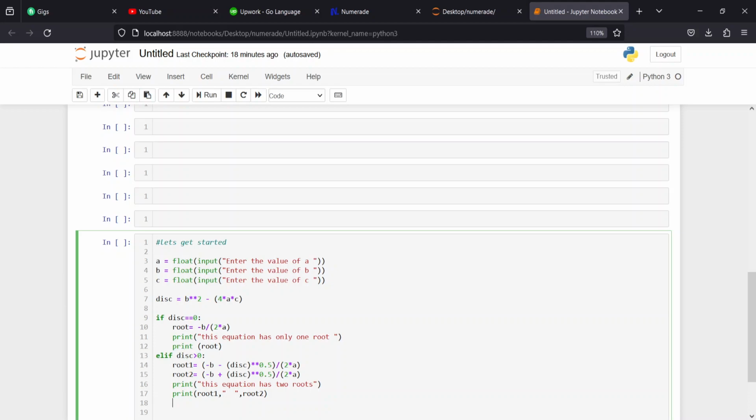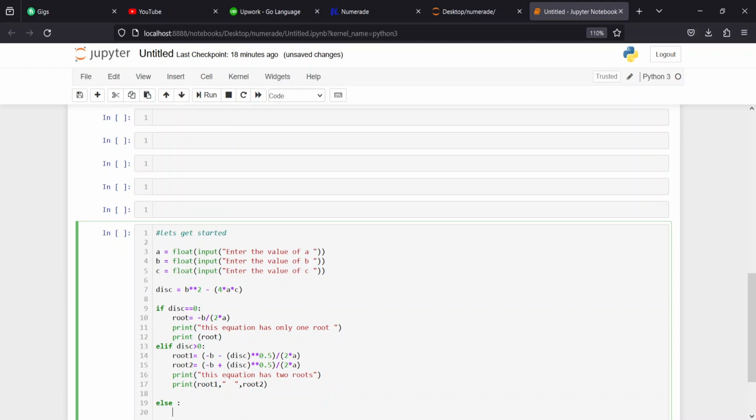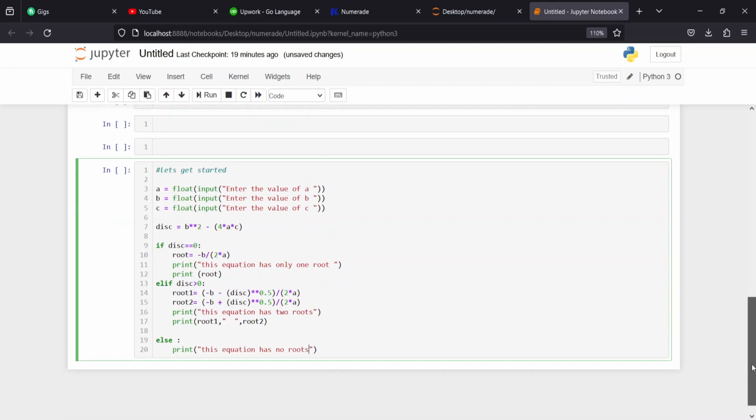Okay, and finally else. In the else statement we can say that if the discriminant is less than 0, then we will print that this equation has no roots. So let's run this.